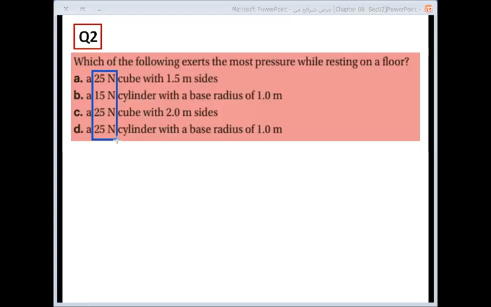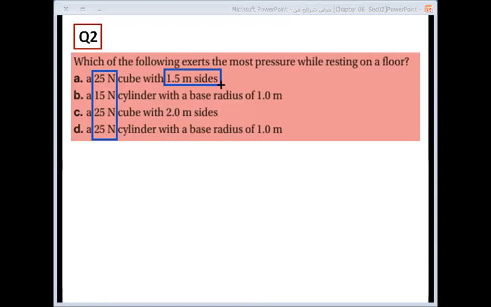These are the 4 forces. And he gives us also the area. Not the area, he didn't give us the area directly. He gives us the dimensions. By them, I can find the area.